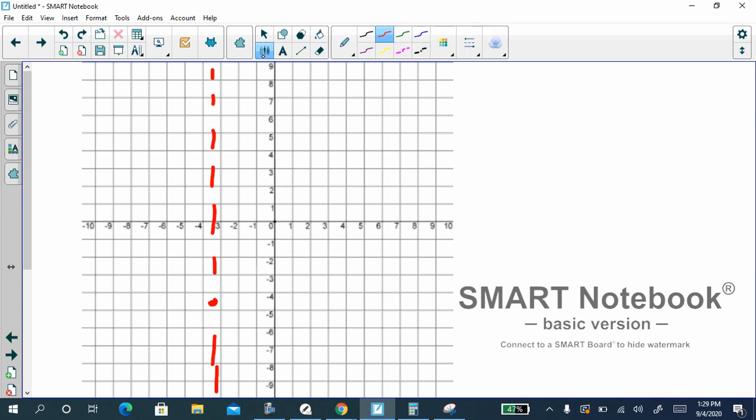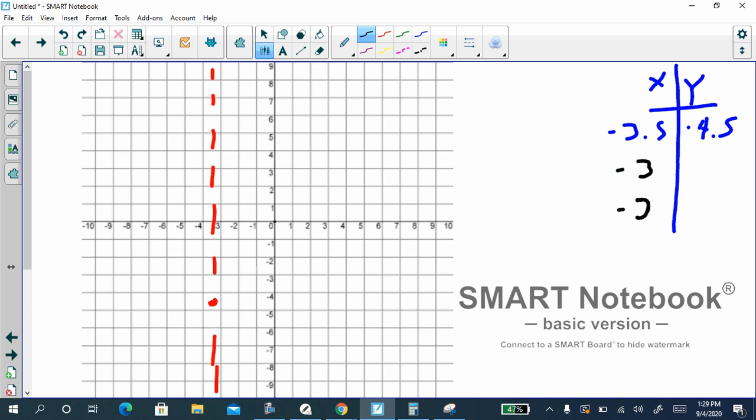So let's make a table. We know that when x is negative 3.5, y is negative 4.5. So let's pick two x's to the right of that. Let's use negative 3 and negative 2.